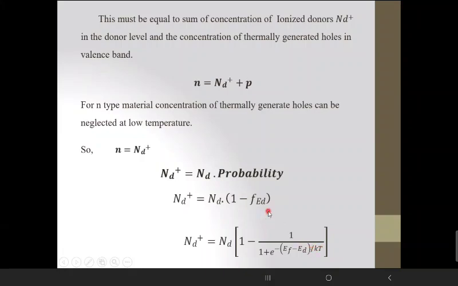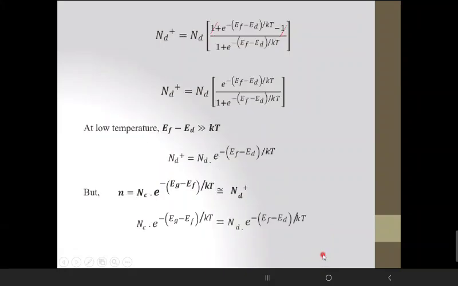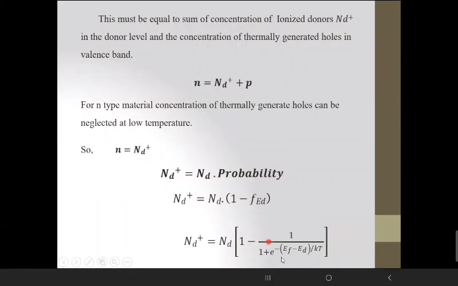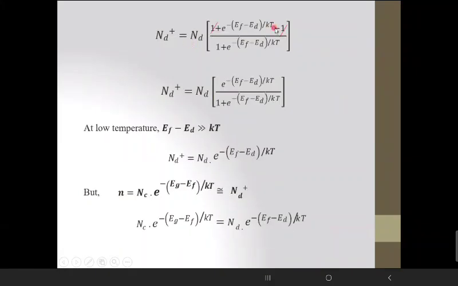Here we are doing the mathematical work. Since Ef minus Ed is very much greater than KT, the exponential term becomes very, very large.